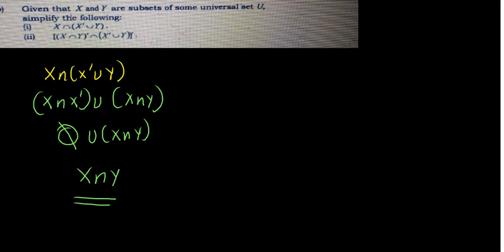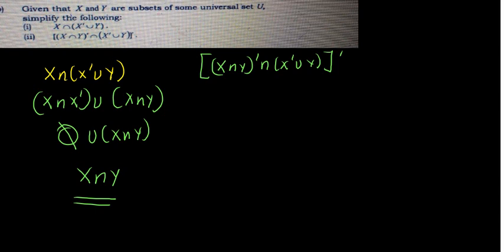Okay, we can go to the second one, which is x intersection y, complement, intersection x complement union y, and then complement. So the first thing, let's distribute this complement. So this complement is going to go here, and also this same complement is going to come here.